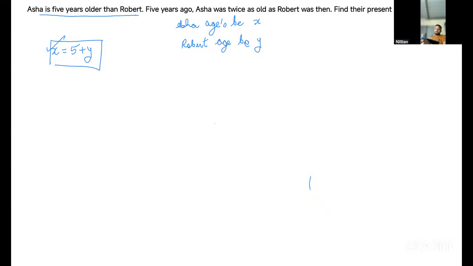So it means that 5 years ago, if the present age of Asha is x, then 5 years ago, the age of Asha will be... Ira, what will be the age of Asha 5 years ago?